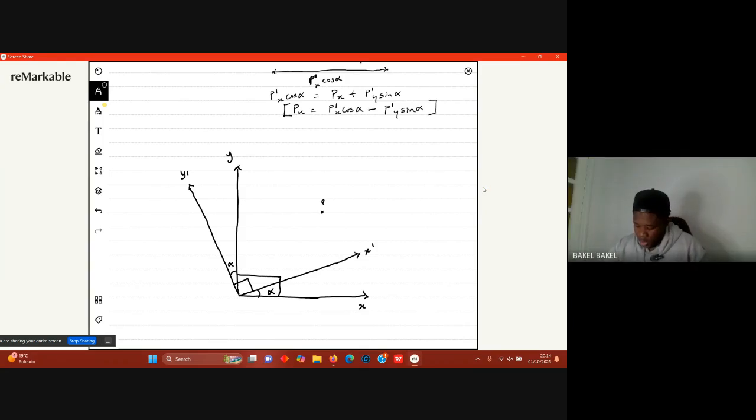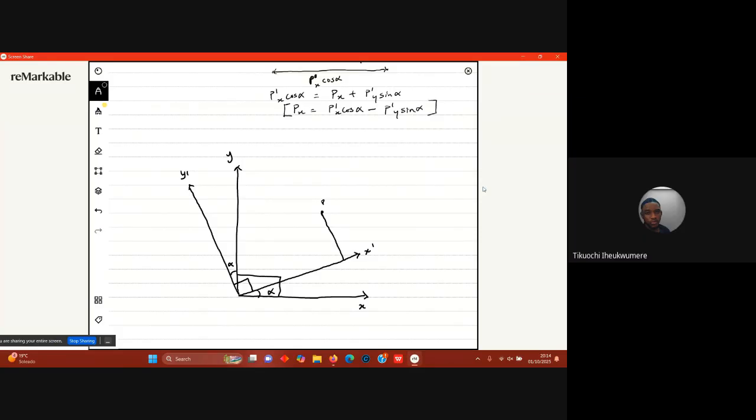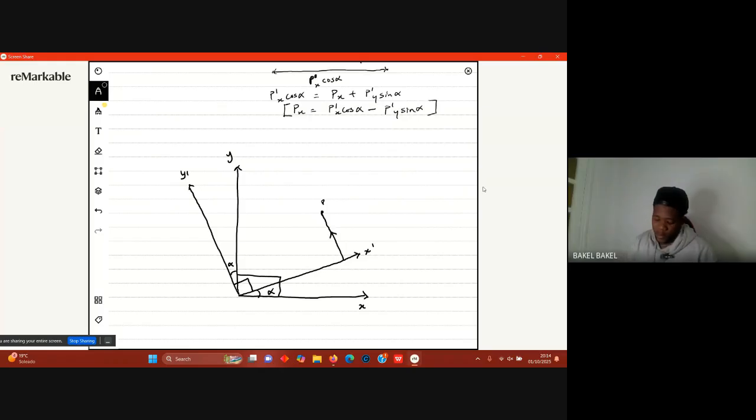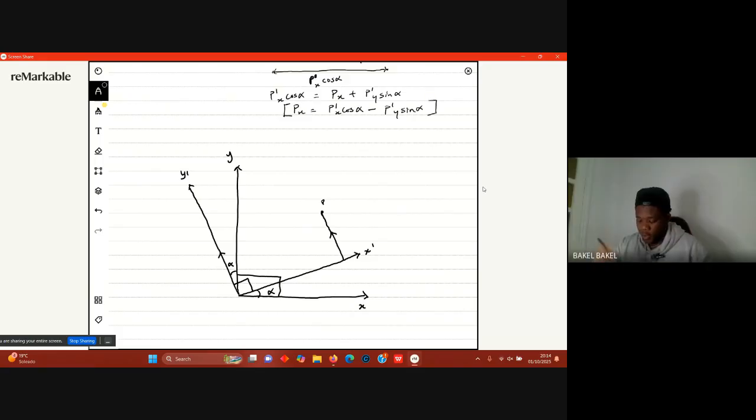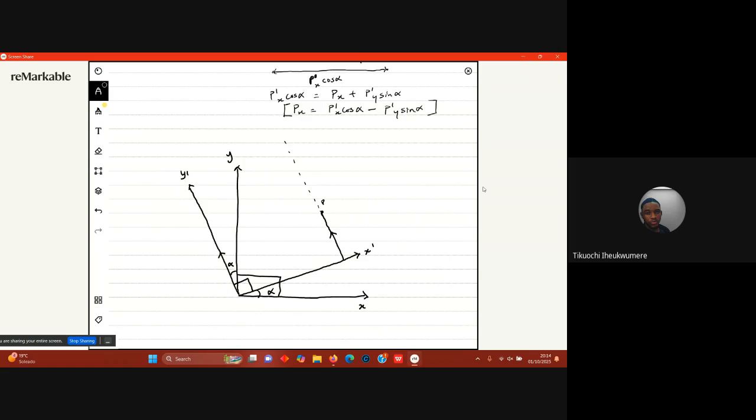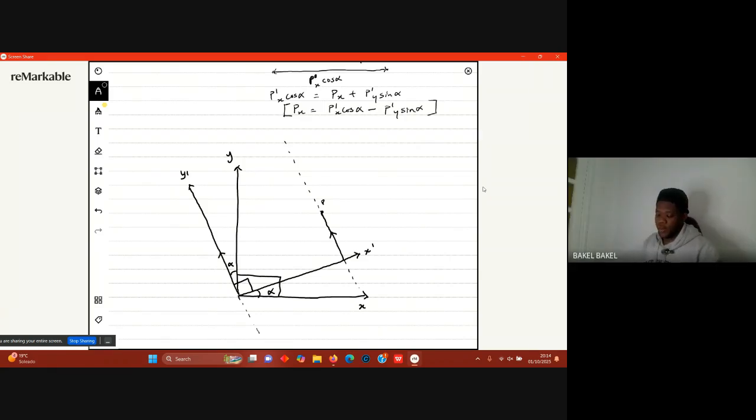And if I trace that point to x1 prime, I get something like this, right? And this is parallel to this, right? I can choose, for the sake of clarity, to extend this to infinity. Now you see we have two parallel lines.